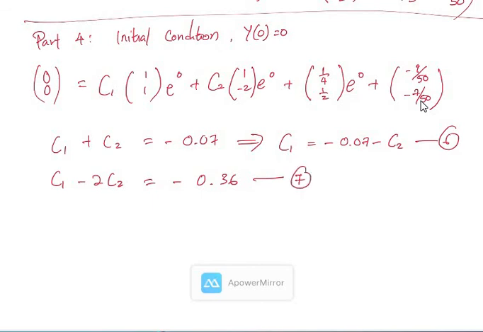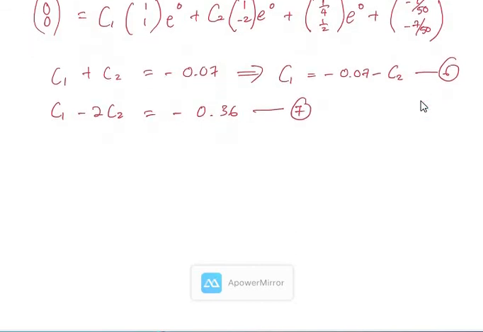This is equation number 7. Okay, so we insert equation number 6 into equation number 7.